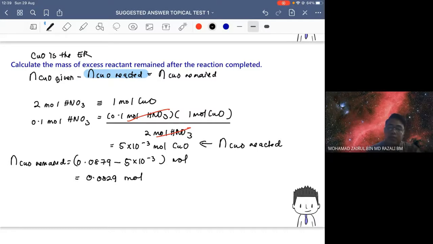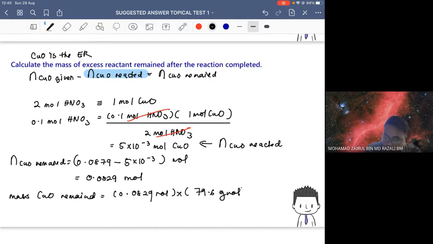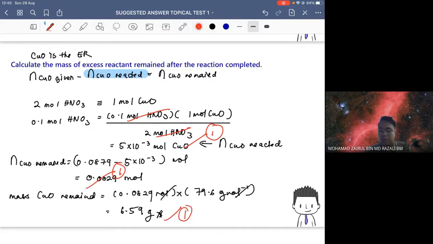So nak cari mass remain, mass CuO remain equals to mole dia 0.0829 mole multiply by the molar mass of CuO, which is 79.6 gram per mole. So awak akan dapat 6.59 gram. Okay, so basically awak cari mole reacted 1 mark, awak cari mole remain 1 mark, awak dapat mass remain 1 markah.